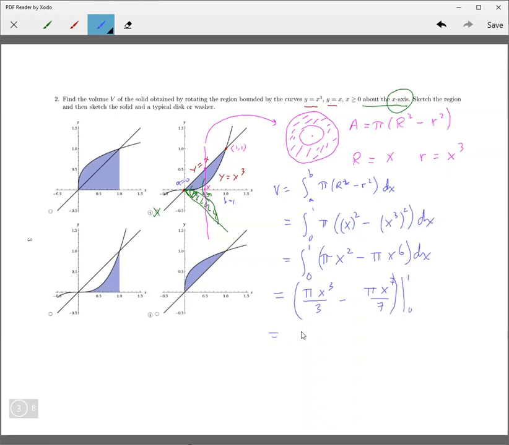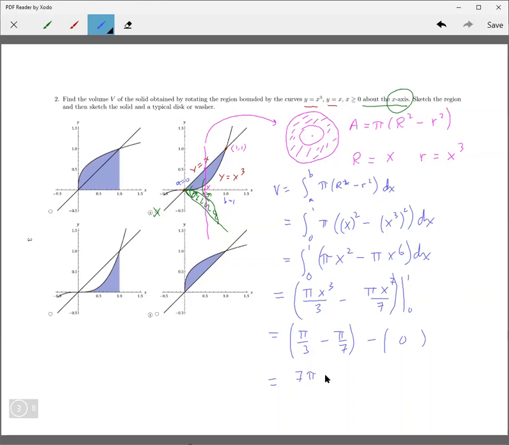Putting 1 in, we get pi over 3 minus pi over 7. Putting 0 in, that makes it all 0. So pi over 3 minus pi over 7. And I guess you could get a common denominator.